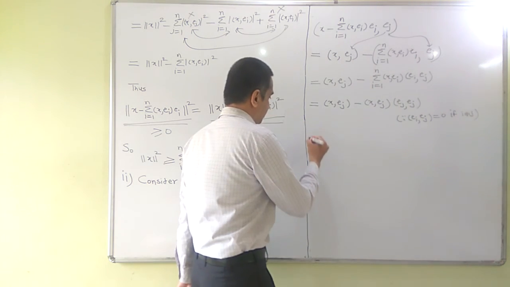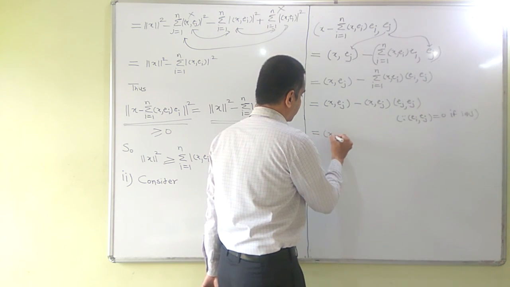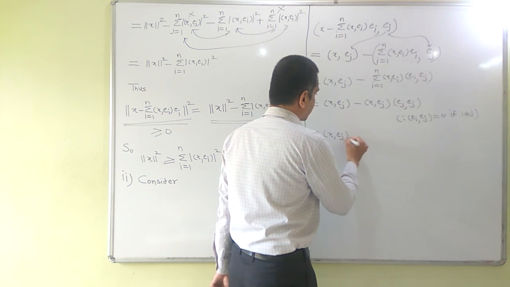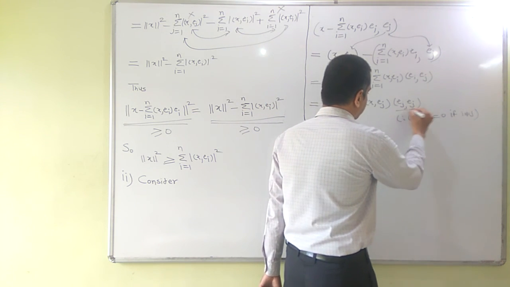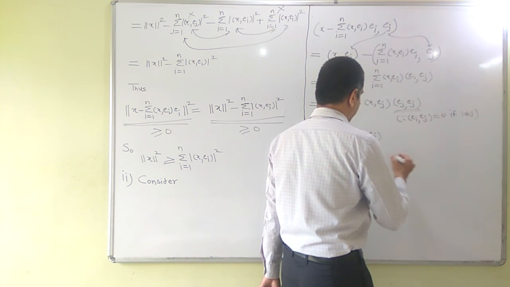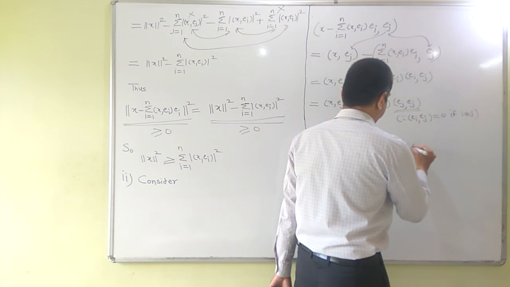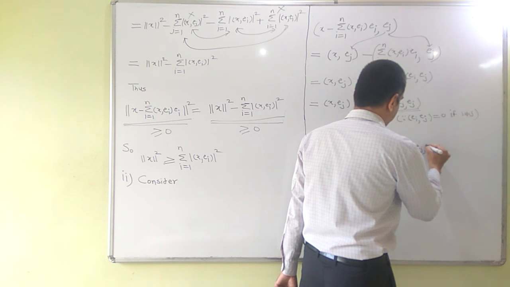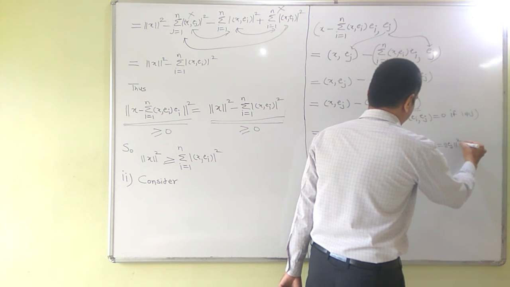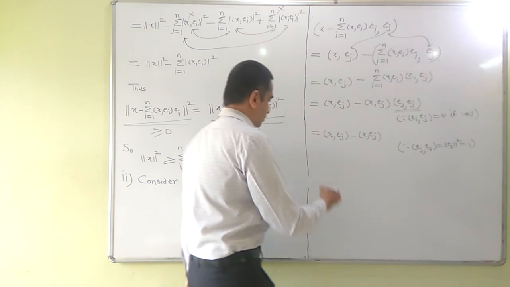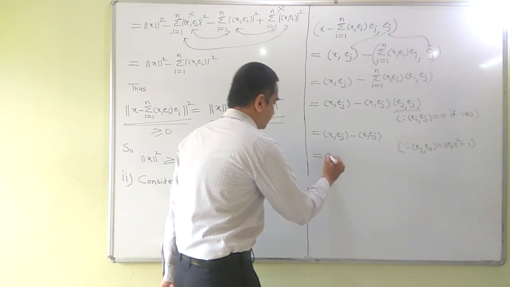So what we will have is the inner product of x, e_j minus the inner product of x, e_j, because the norm of e_j squared equals 1. So this evaluates to 0.